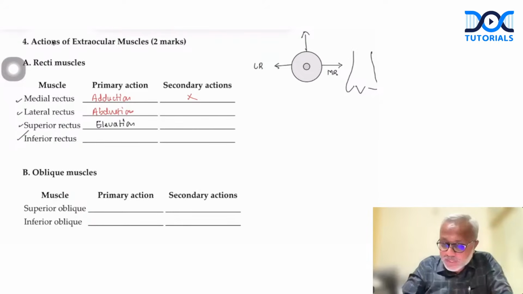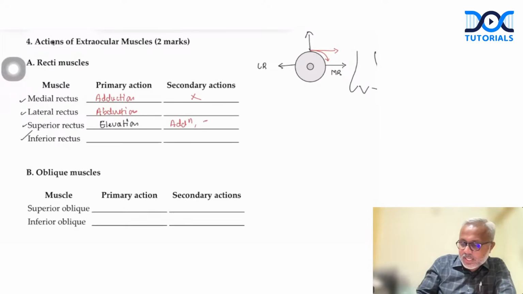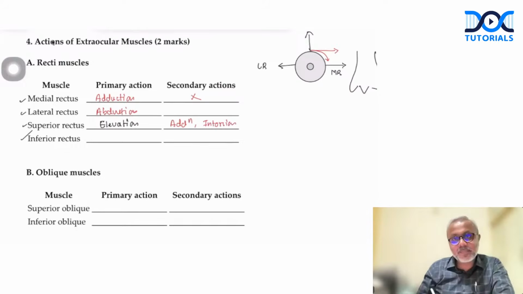But apart from this, remember, the superior rectus can also bring about adduction and rotation of the eyeball towards the nose, which is referred to as intorsion. So elevation, then adduction, and then what? The intorsion. Are we clear?